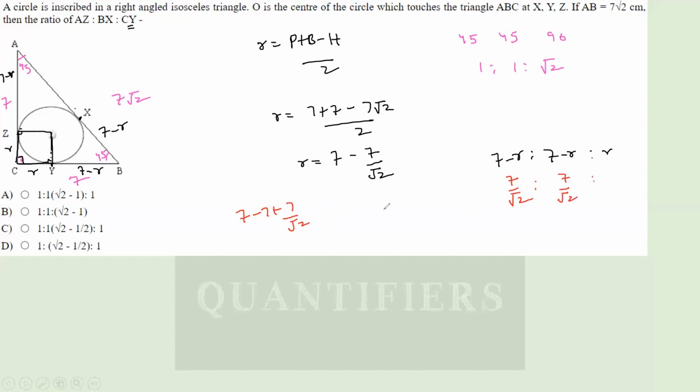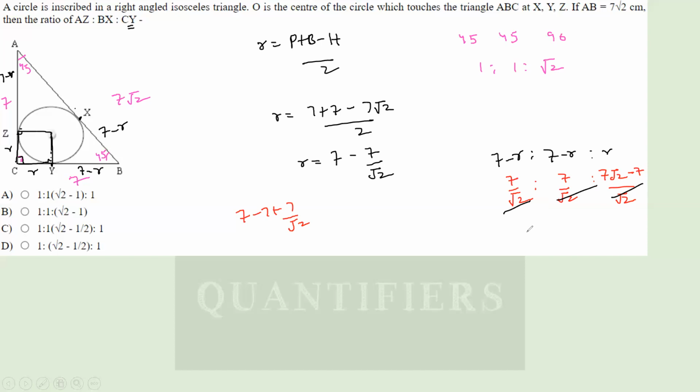And what is the inradius? The inradius, students, we have already calculated. I can write it as 7 root 2, simplifying, taking LCM. So I can write it as 7 root 2 minus 7 by root 2. Now just see here, students, everything gets cancelled out. Root 2 gets cancelled out, and you can also cancel out 7.